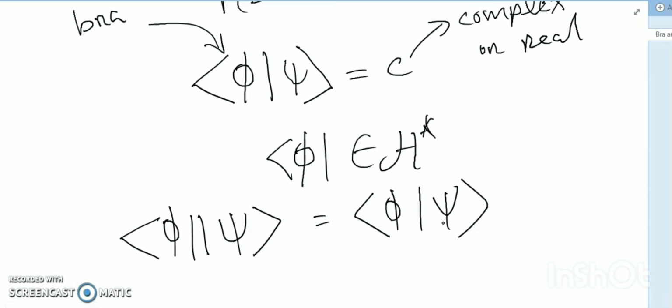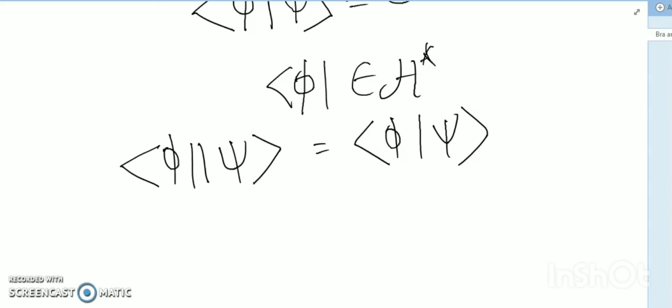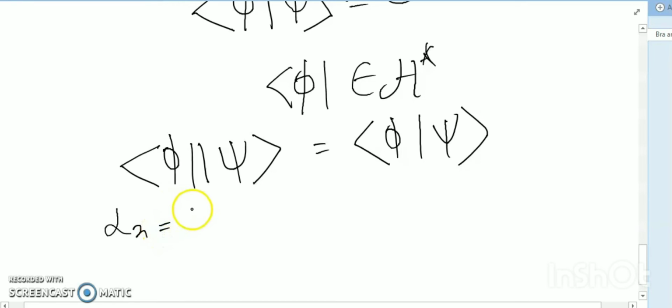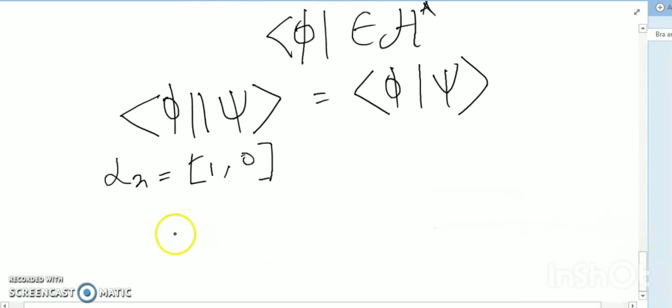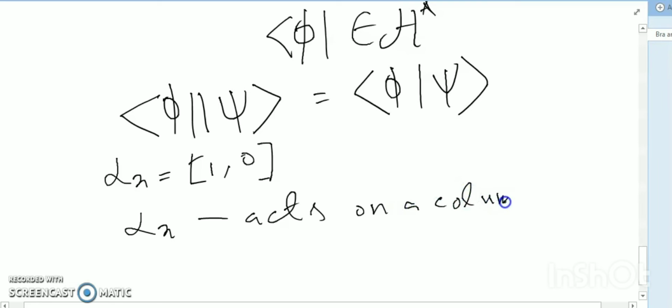Let's go back to our Lx operator in R squared. What is my linear functional Lx? It is equal to (1, 0). Lx acts on a column vector.